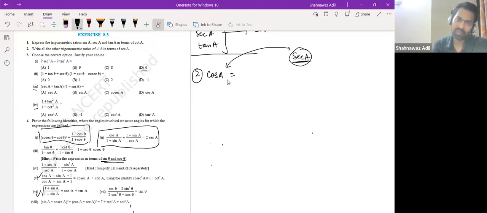So what is cos A? So cos A would be tan. Okay. So whose reciprocal is sec A? Yeah. What is sec A in terms of perpendicular, base and hypotenuse?